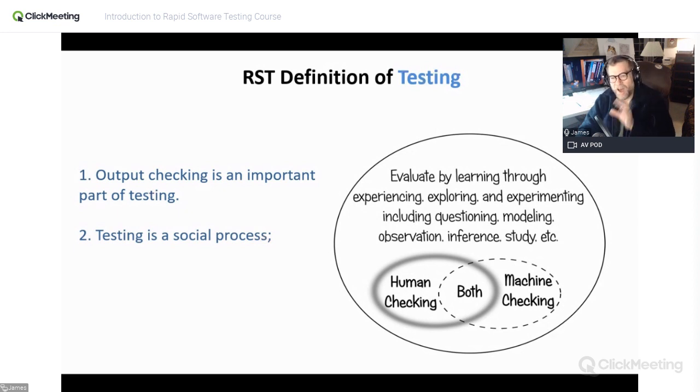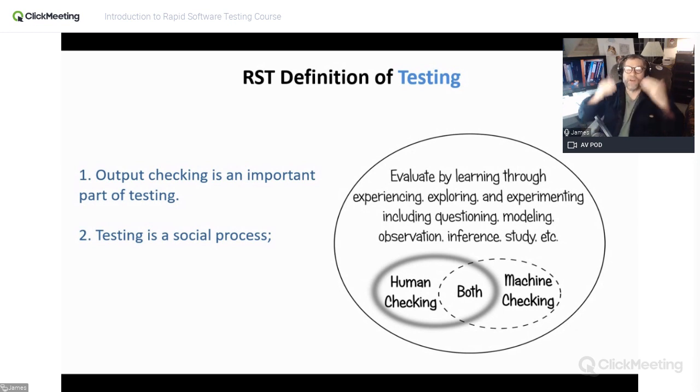But testing, unlike checking, is a social process. I need social competence when I am actually testing because I am making judgments about what is important and what's not important, what people care about, what they won't care about. And I'm constantly adjusting those things.